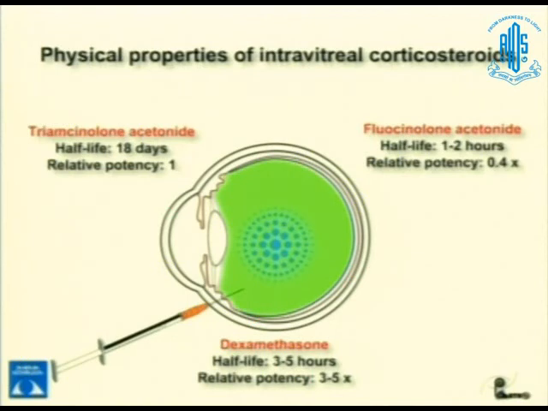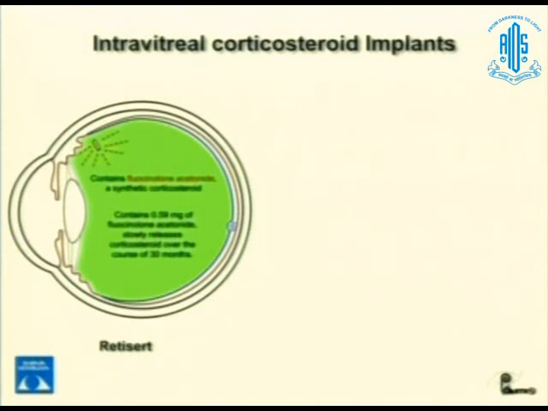So what we have done, we have tried to devise some intravitreal corticosteroid implants. First we tried Retisert, which was the first FDA approved device, which contains fluocinolone acetonide, and it releases 0.59 mg of the fluocinolone acetonide in the vitreous cavity for 30 months.